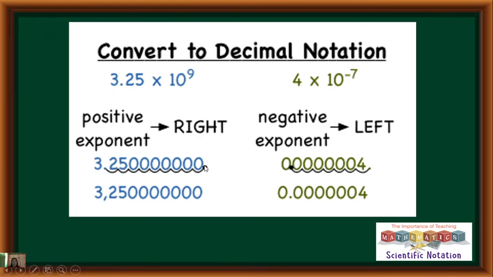Therefore, how are we going to read this? 1, 2, 3, first group, 1, 2, 3, second group. So this is hundreds, thousand, million. So we have 3,250,000,000. So this is the value of 3.25 times 10 raised to positive 9th power.